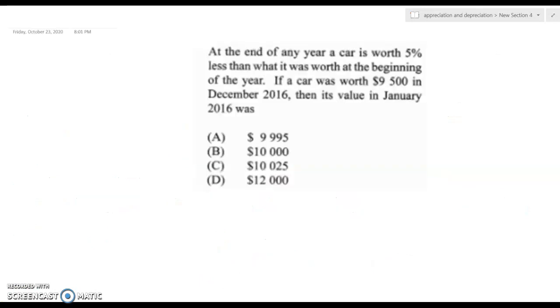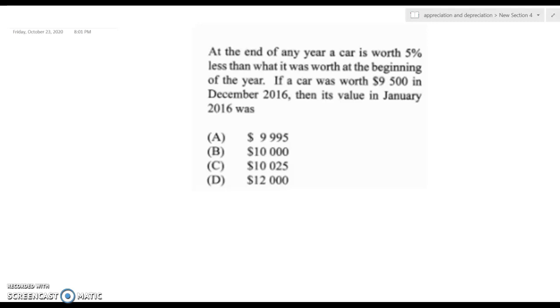Now we're looking at this nice question here. At the end of any year, a car is worth 5% less than what it was worth at the beginning of the year. If the car was worth $9,500 in December 2016, then its value in January 2016 was, now, let's read over again.